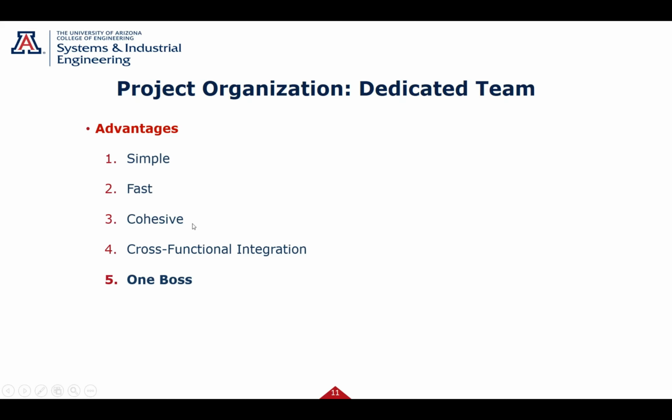It's usually very cohesive. People feel a sense of belonging to the project, so they're very dedicated to that project. You have a nice cross-functional team, and again, you have one boss. Your project manager is the boss.